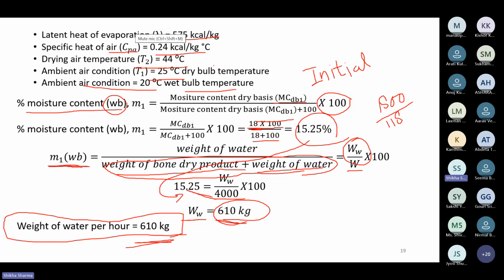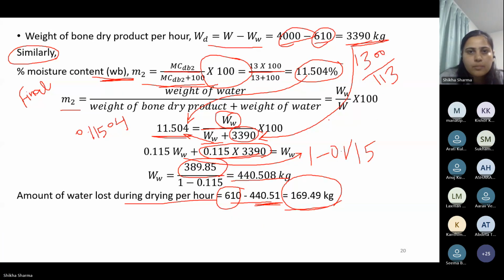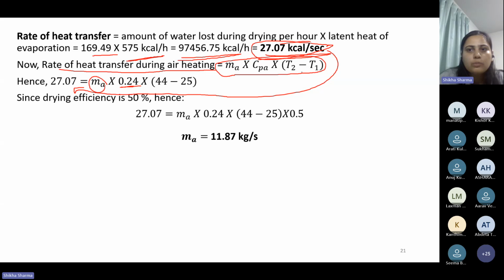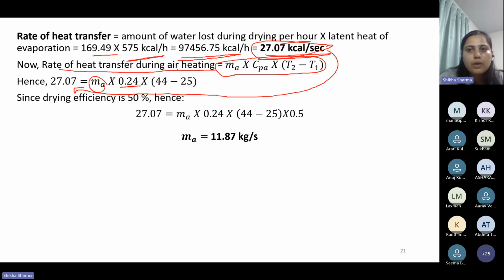So we know already, into T2 minus T1. T2 is temperature of the drying air, which is 44, minus the ambient air, which is 25. So 44 minus 25. And we know that the drying efficiency is 50% as per the question.